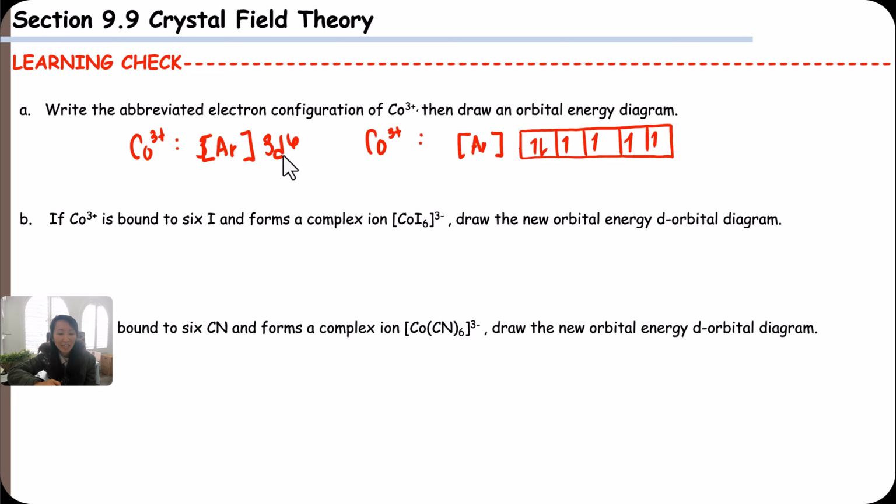On the left-hand side is the electron configuration, and the right side is the orbital energy diagram. Now, if this cobalt is bound to 6 iodide ions, with a negative charge, it forms a complex ion of CoI6 3 negative.